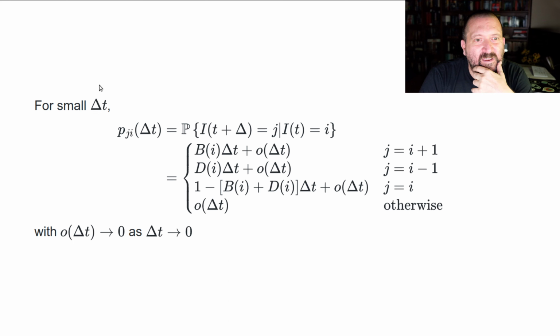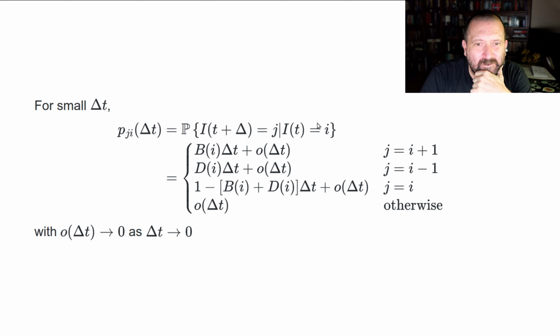You take some delta t and you look at the probability that at time t plus delta t, I will be in state j, if I'm in state I at time t. This is a birth and death model, like an SIS model.